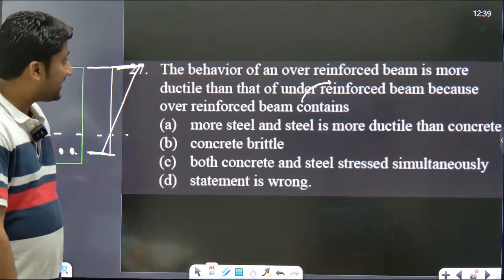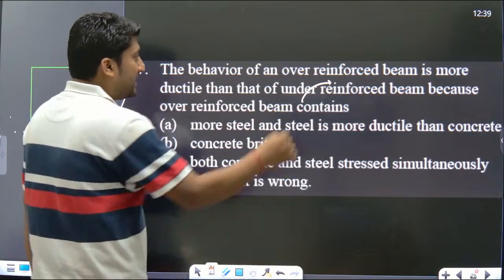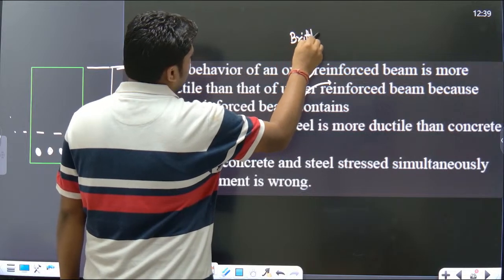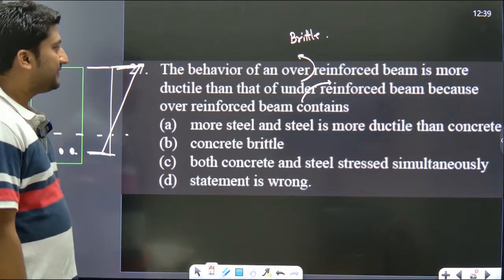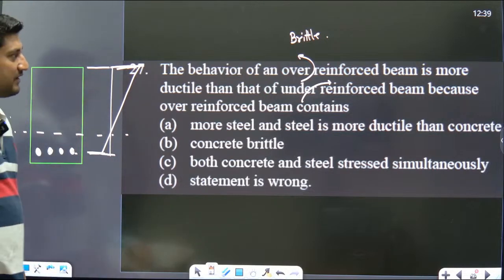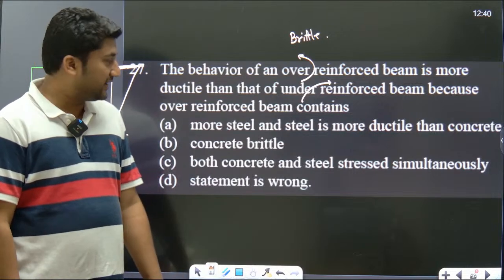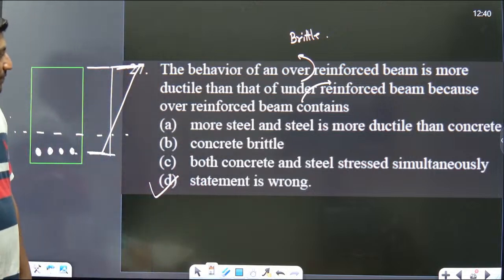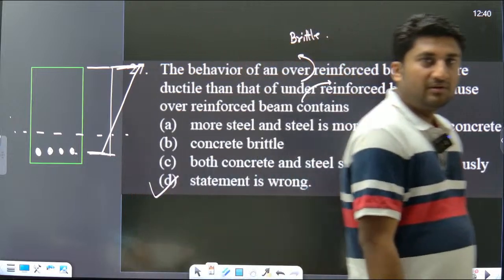But in an over reinforced beam the failure is brittle. So the statement is wrong. Understood everyone? Yes or no?